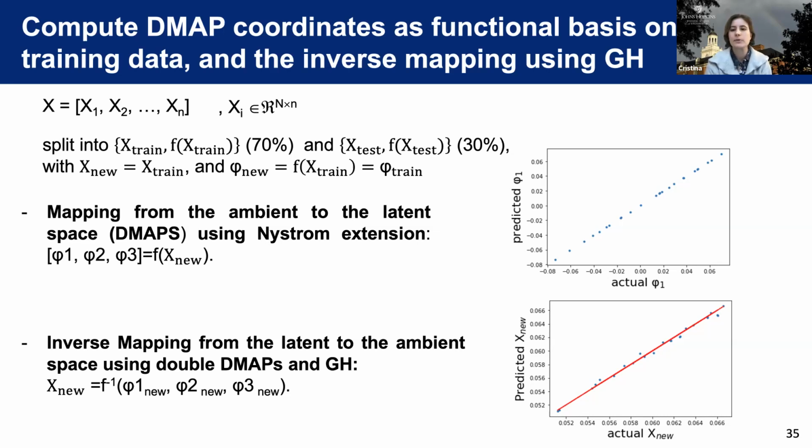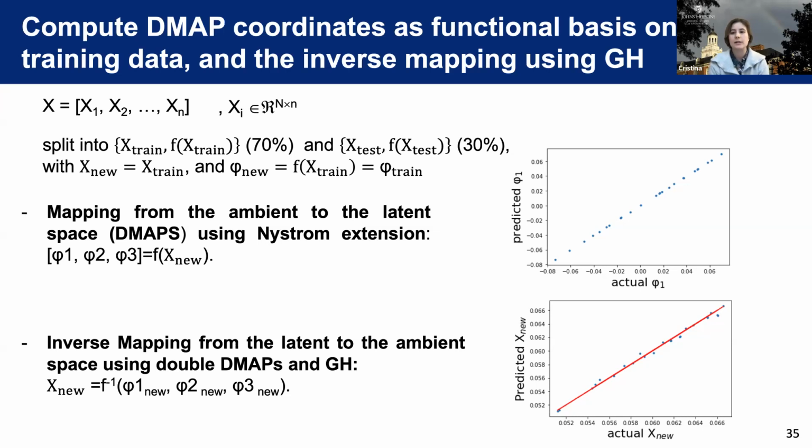The goal here is to compute the target values, the phis, that correspond to the test data. So we want to find the mapping from the test data to the reduced coordinates, and we use geometric harmonics for the interpolation between the training data and the phi coordinates for the training data from the last computed diffusion maps coordinates. Then secondly, we use geometric harmonics for interpolation to find the inverse of the dimensional reduction transformation.